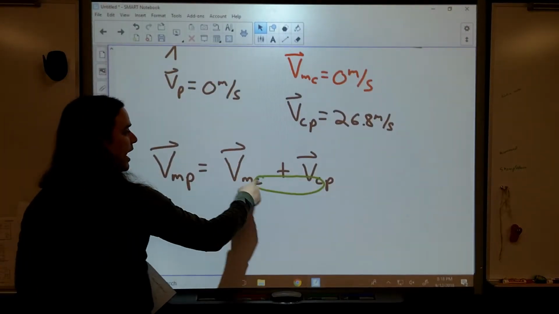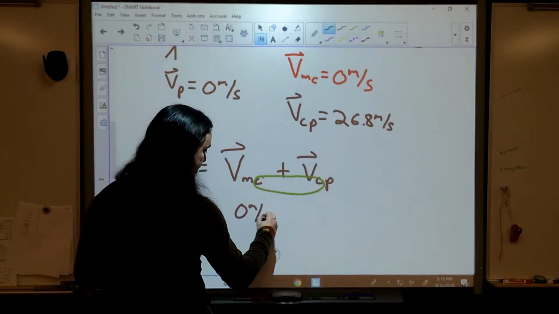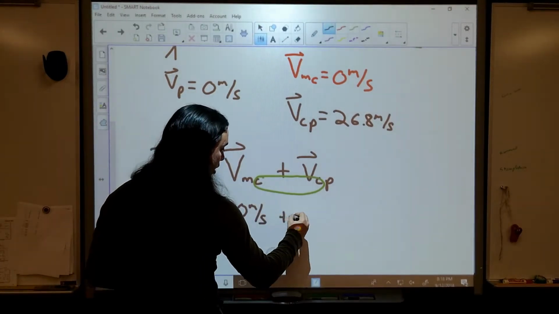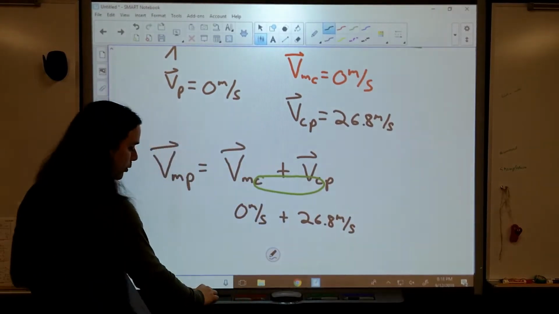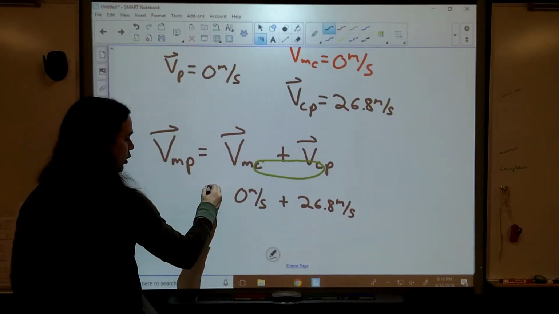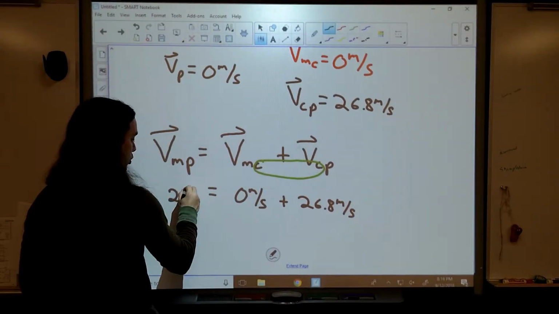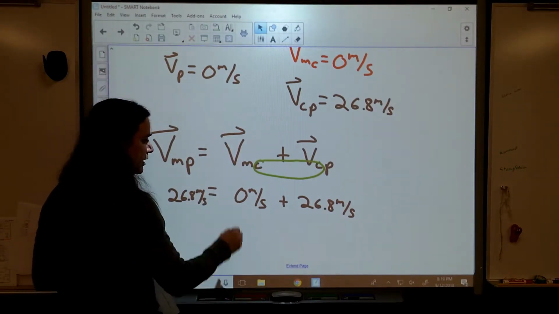And so what you can do is you can add these together. So I'd have 0 meters per second, that's what we see for the marker, plus 26.8 meters per second for the car with respect to the ground. And so what the person on the ground would see the marker do would be 0 plus 26.8 meters per second, which is 26.8 meters per second.